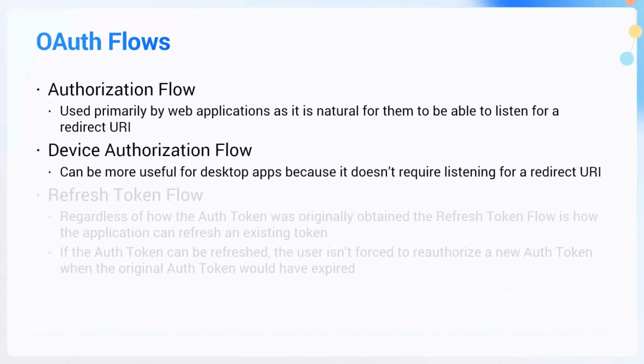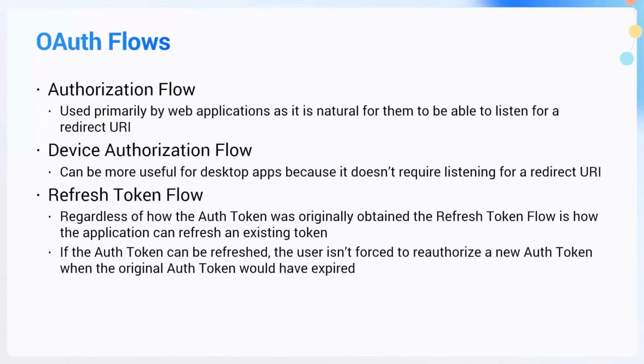So once again, the authorization flow, it's used primarily by web applications, and it's the normal means by which OAuth tokens are obtained. And it's easier for web applications to do it because they're already responding to URL requests or URI requests. So with the auth flow, authorization flow, you define a redirect URI for your client.